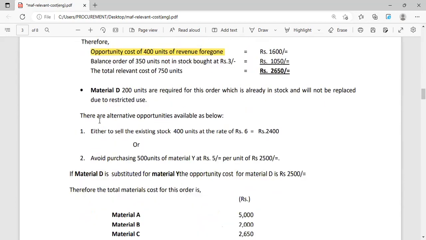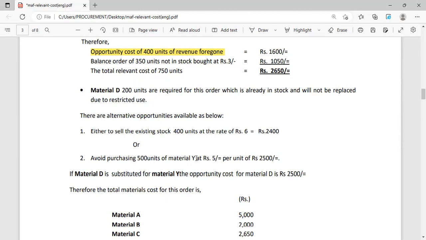So what the question is saying here is that material D, 200 units are required for this order, which is already in stock and will not be replaced due to restricted use. So the alternative opportunity available is as below: either to sell the existing stock at the rate of 6 naira, or they can also afford purchasing units at 5 naira.